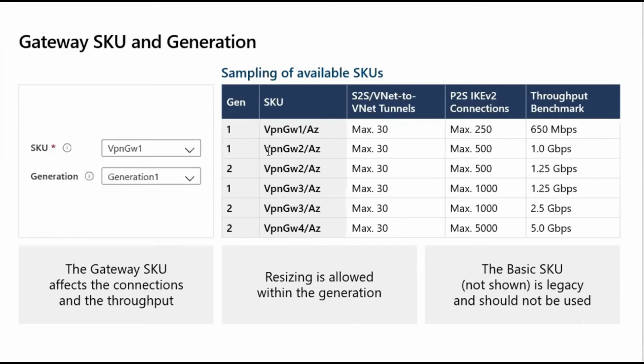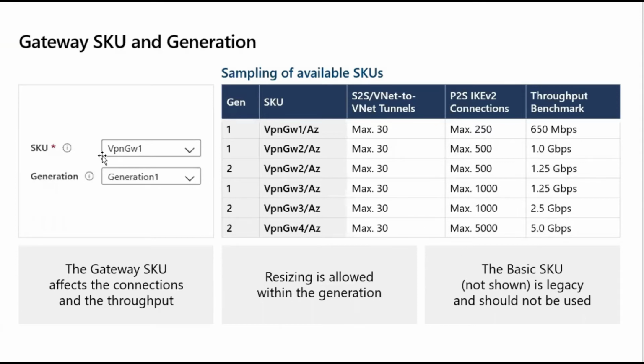But if you select VPN Gateway 2, it supports maximum 500 point-to-site connections, 1 Gbps speed. If you select the next one, maximum 500, 1.25 Gbps. You can see based on the VPN SKU, you get up to 5 gigabit per second speed.